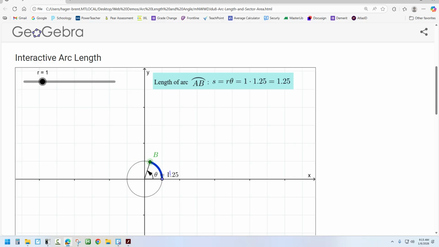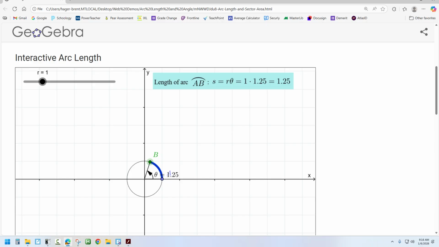Let me draw another angle. I just drew an angle in this circle now. This is 1 1/4 radians. That's the measure of the angle from the initial side to the terminal side. How big does it say this arc is in blue? It says that the length of the arc is also 1.25.